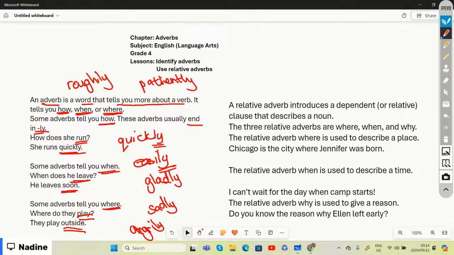So that is a few examples of adverbs that tell us how. Remember, adverbs that tell us how usually end in ly.